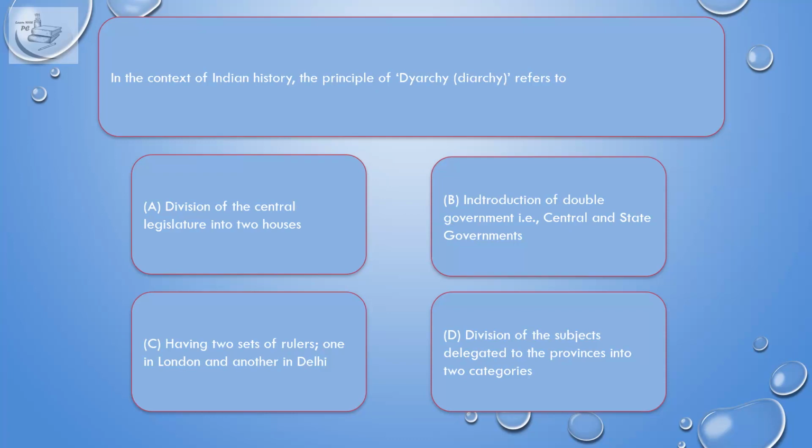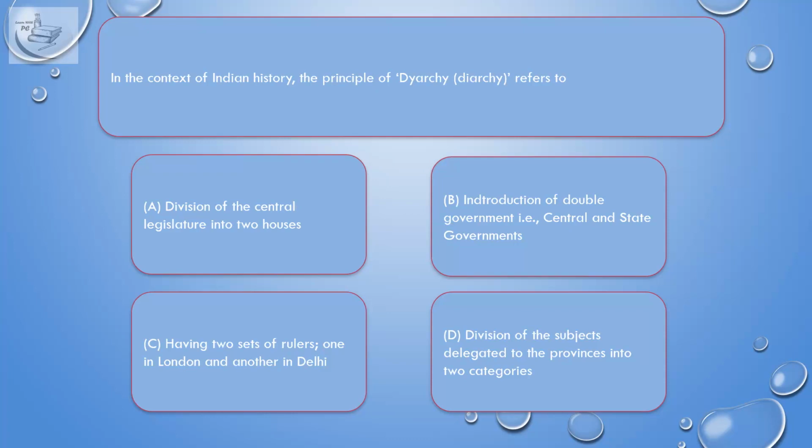Question: in the context of Indian history, the principle of diarchy refers to A. Division of the central legislature into two houses. B. Introduction of double government, i.e., central and state governments. C. Having two sets of rulers, one in London and another in Delhi.